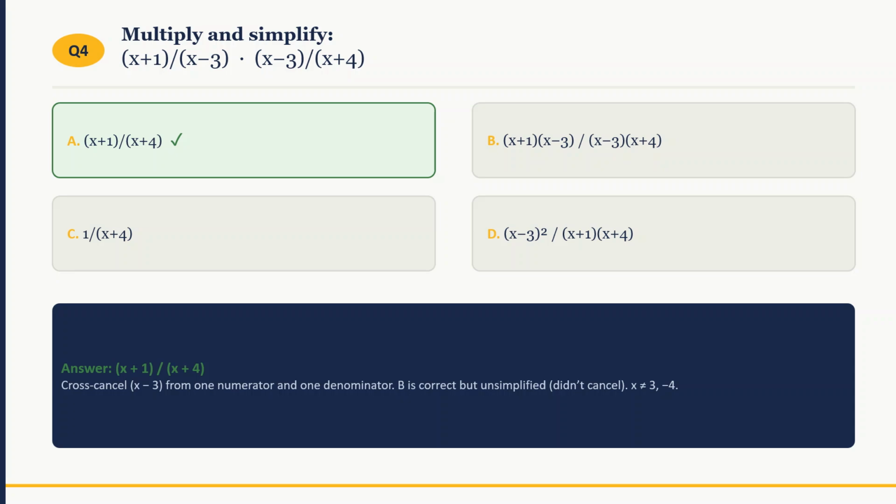The denominator factors as (x plus 2) times (x plus 3). Cancel the shared factor x plus 3. Restrictions. x not equal to negative 3 from the cancelled factor, and x not equal to negative 2 from the surviving denominator. This drills factor and cancel discipline.